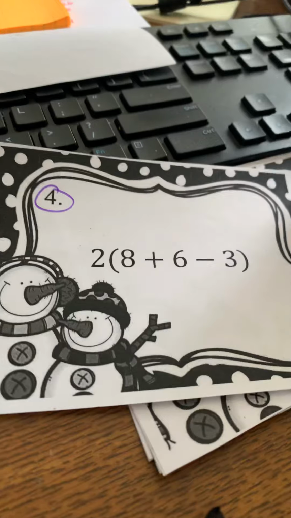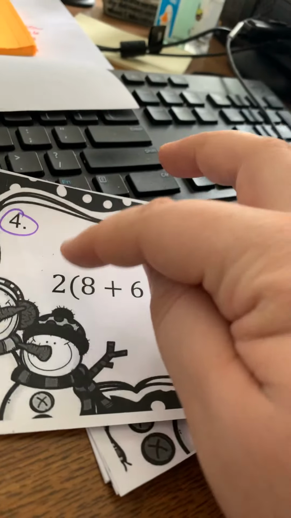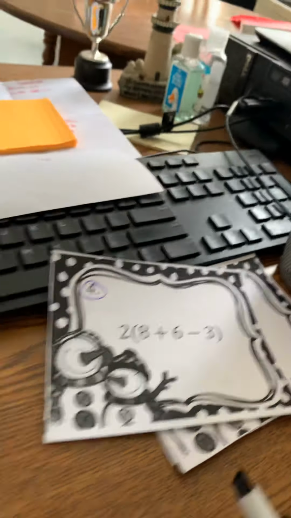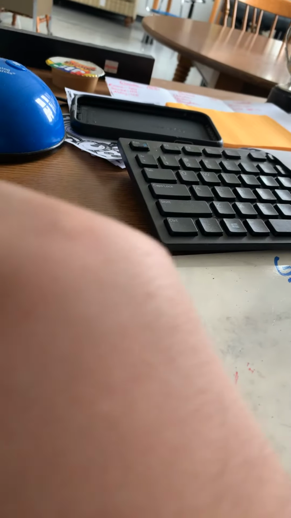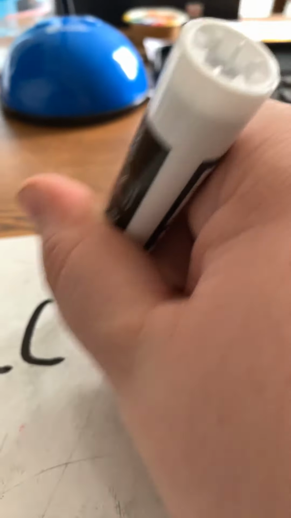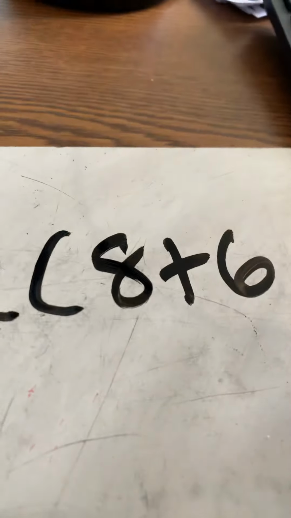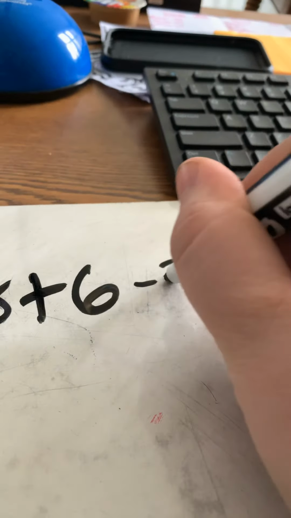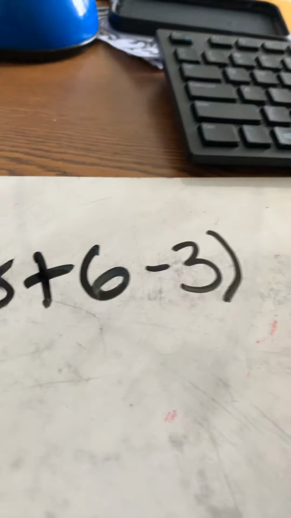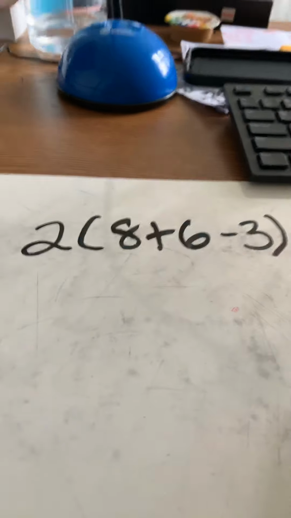All right, erase. Now we're going to go to number 4. What you notice is you should have a group of parentheses. So I have 2 parentheses, 8 plus 6 minus 3, close my parentheses.